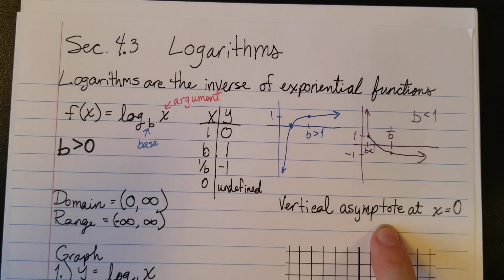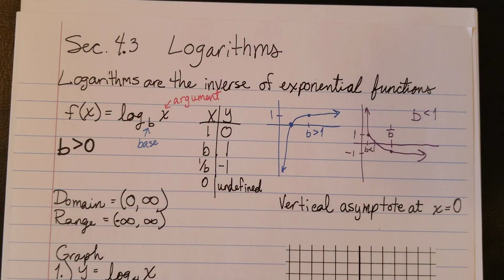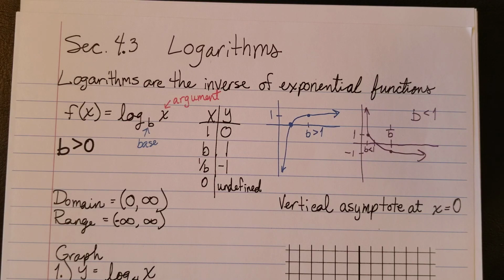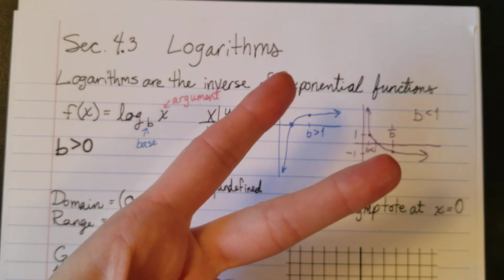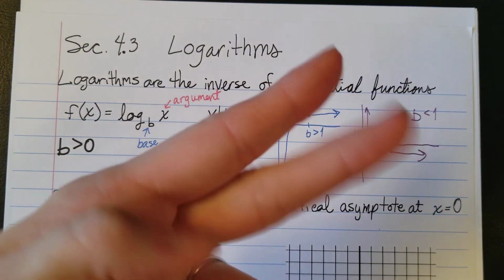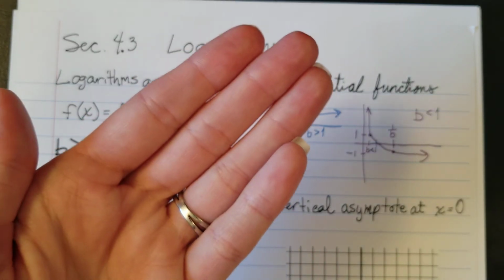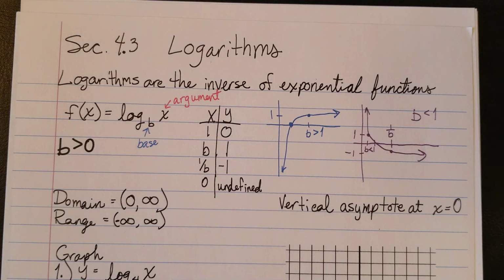The logarithm has a vertical asymptote at x equals 0. So all the x and y stuff is just reversed. And that's what the graph looks like, which also looks like a reflection of the exponential function over the line y equals x, just like we talked about for inverse functions.